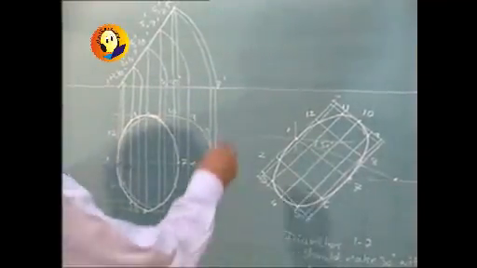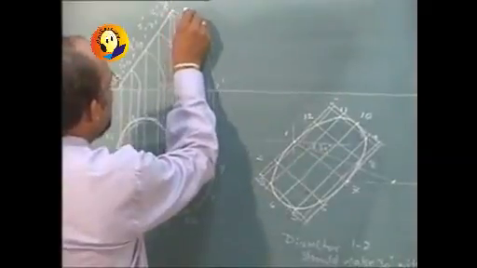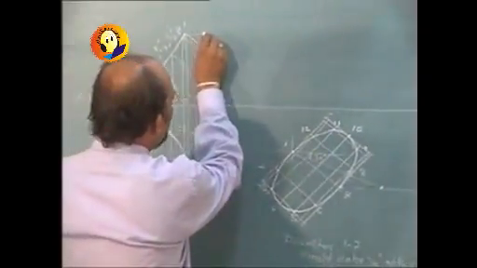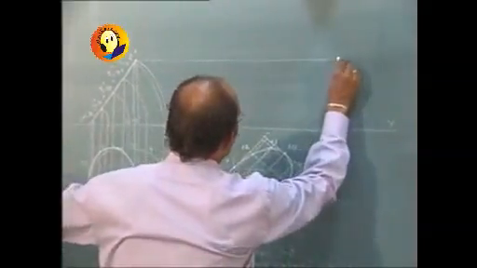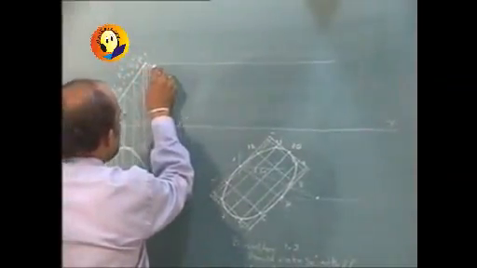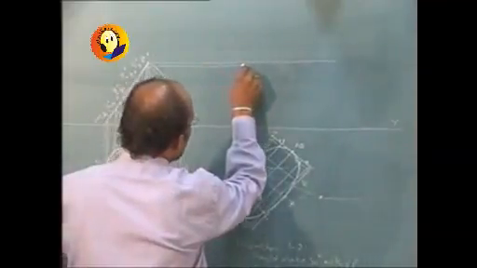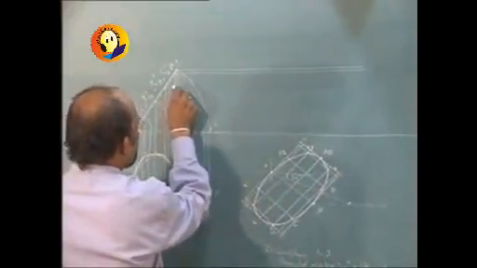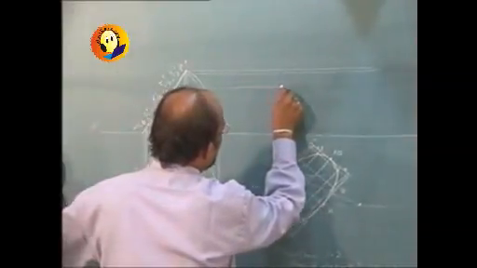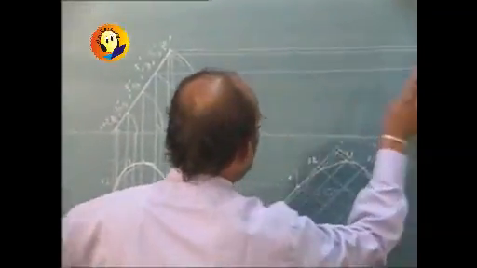And now rotation in one view will result in movement parallel to xy in other. So we are required to now draw paths. This is path of 7. This is path of 6 and 8. This is path for point 5 and 9.